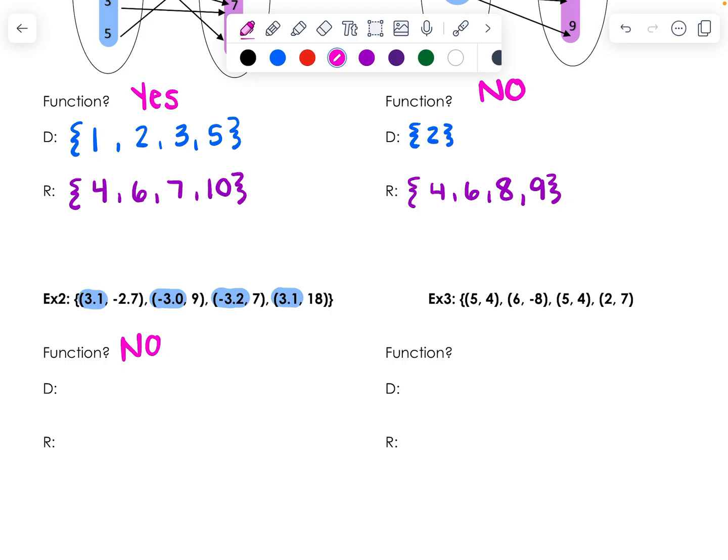But again, we're going to just practice writing this. So we're going to start with our smallest x value, or input, and that would be -3.2. Then we have -3.0. And if you have a number listed more than once, you only have to write it one time. So 3.1.